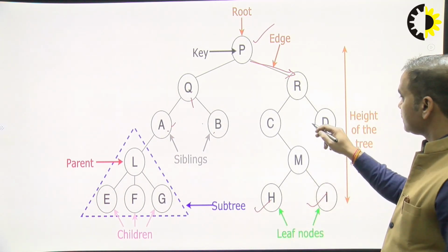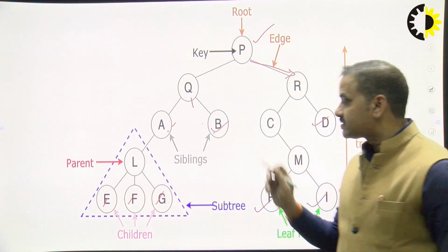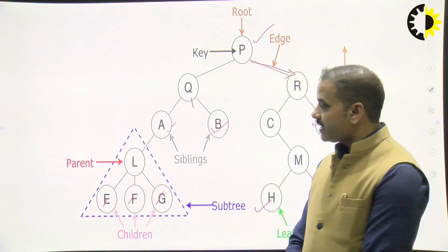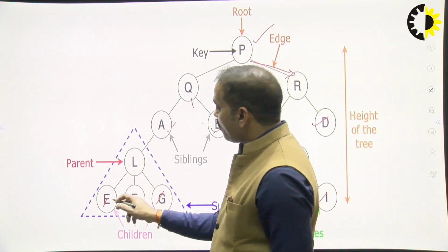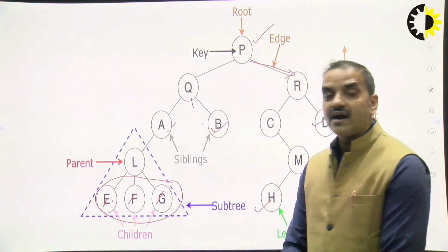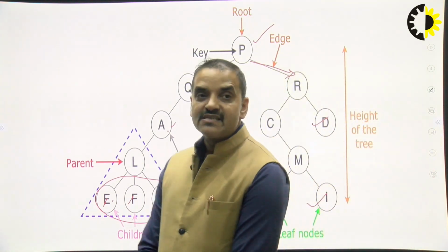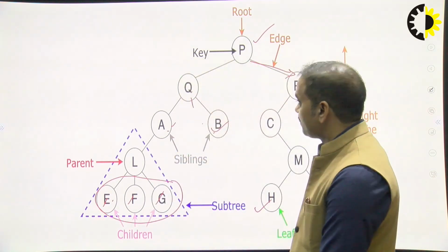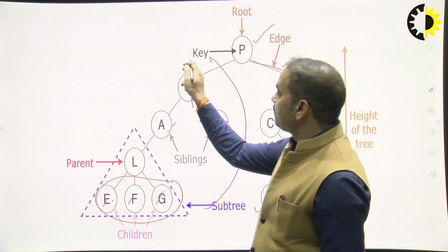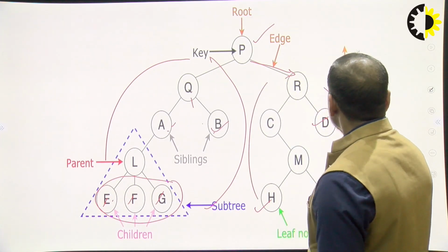This one is a leaf node, this one is a leaf node, this one is also a leaf node. This and this are called leaf nodes. The nodes having the same parent are also called children or siblings. E, F, G are children as well as siblings of one another. This one is called a subtree. This one is also called a subtree.